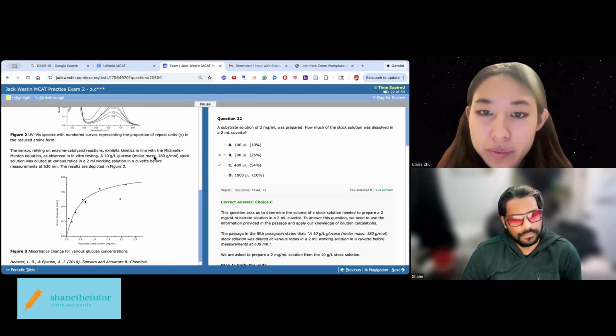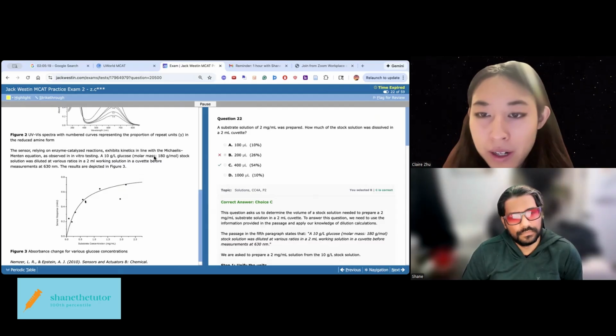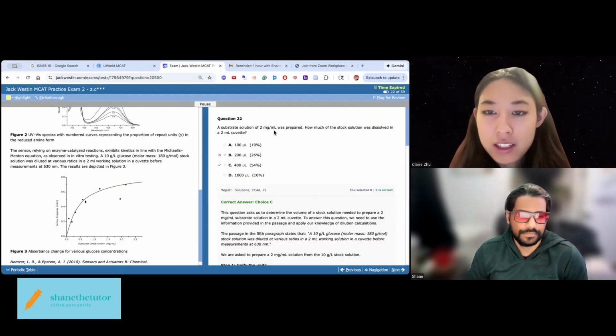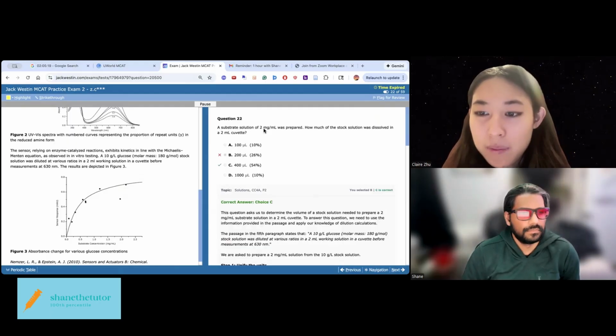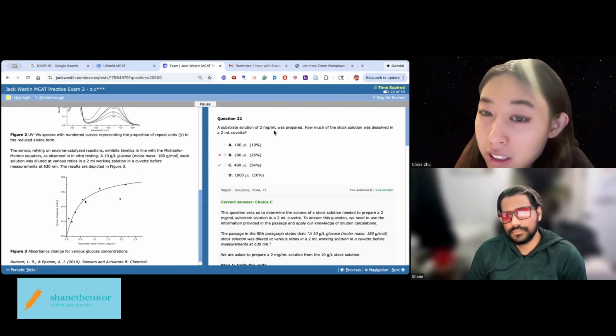Because we want to dilute it to 2 milligrams per milliliter, we have to dilute the 10 to this 2. And I'm noticing that this is also in milligrams and milliliters.